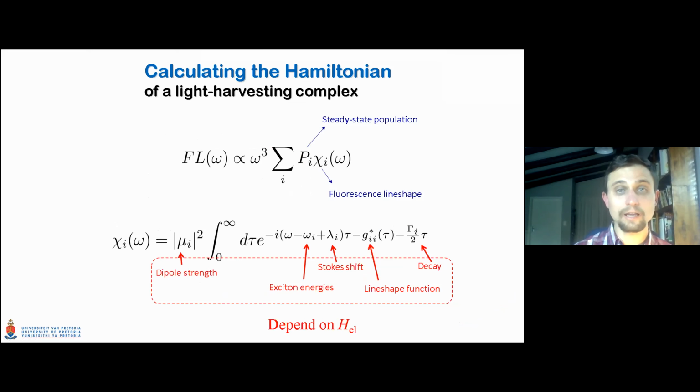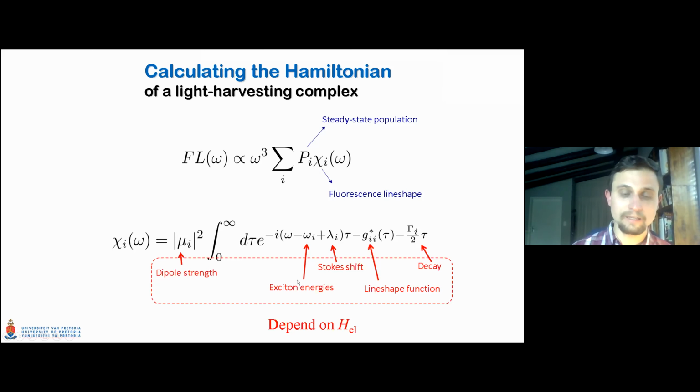And then you can model experimental spectra. For example, here is a fluorescence spectrum, the emission spectrum, where you have the steady state population at each site, so each molecule that contributes to this fluorescence, and the fluorescence line shape, which you can divide up into all these terms. For example, you have the dipole strength of each molecule involved.